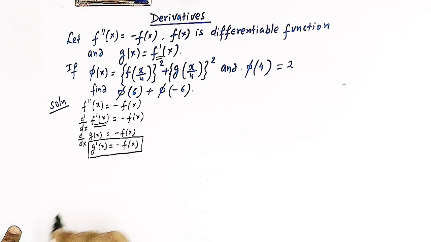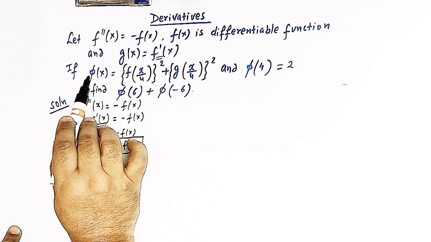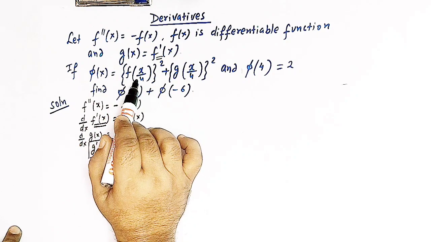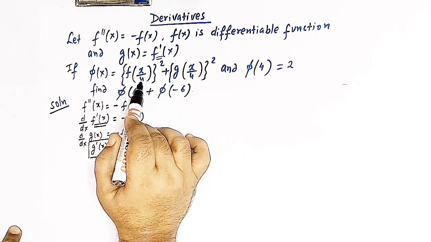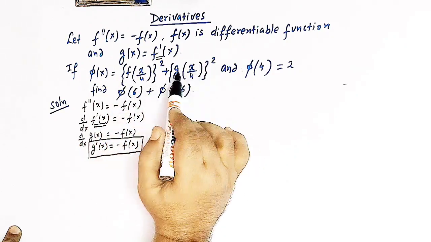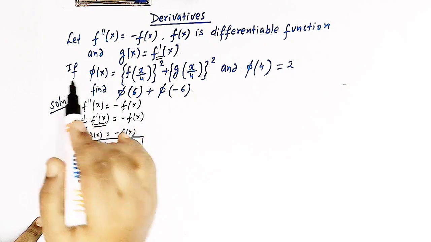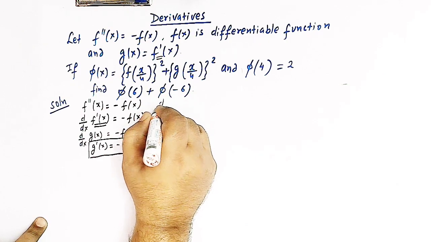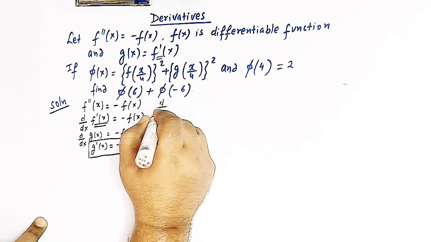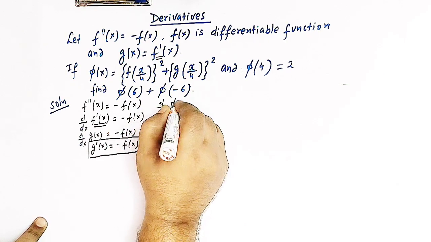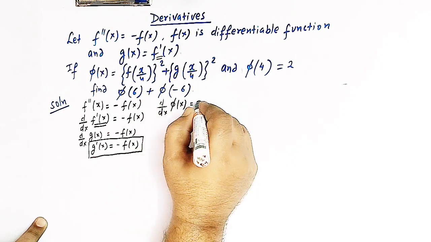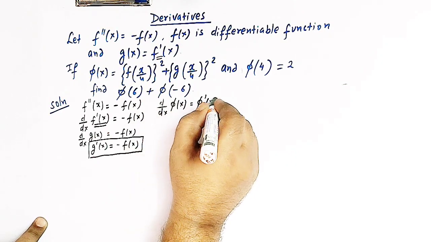Okay, so now we are given here phi of x is equal to square of f of x over 4 plus square of g of x over 4. So let us differentiate phi of x with respect to x. So let us find d by dx of phi of x, which is phi prime of x, right?